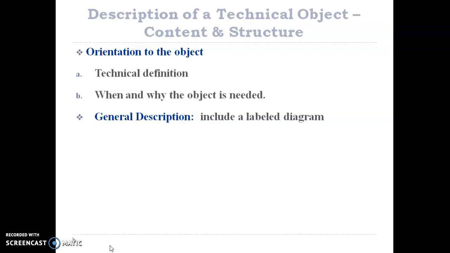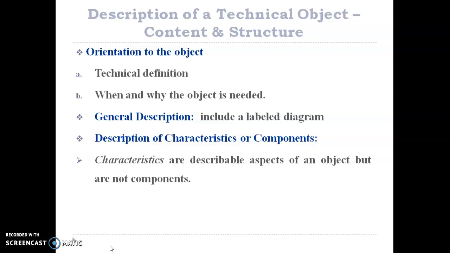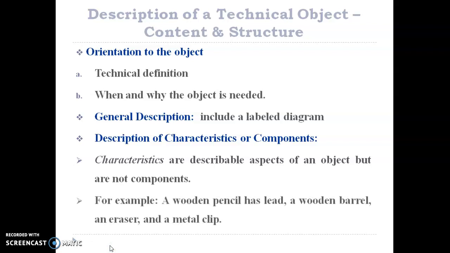Now the third section of this description would be the description of the characteristics or components of that particular object. Now characteristics are the desirable aspects of an object but are not the components, whereas components are the different parts of an object. For example, a wooden pencil has lead, a wooden barrel, an eraser, and a metal clip.